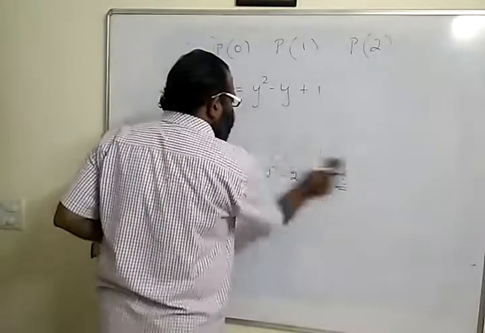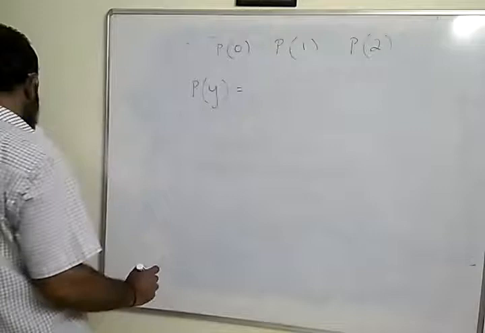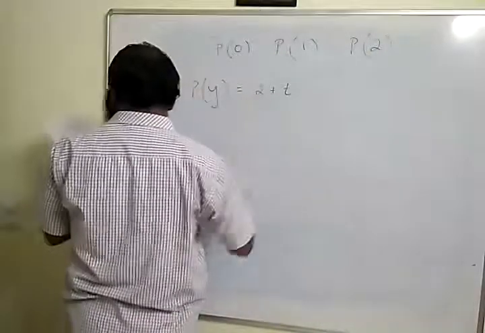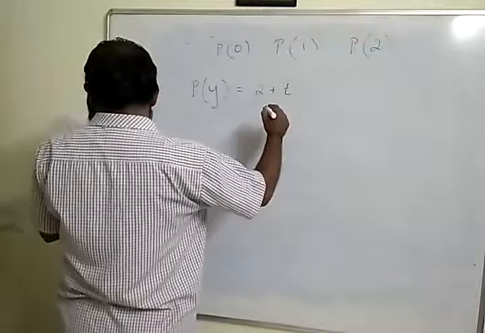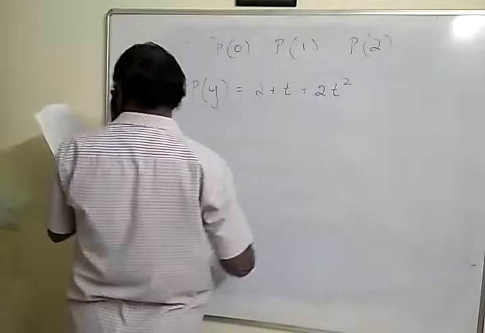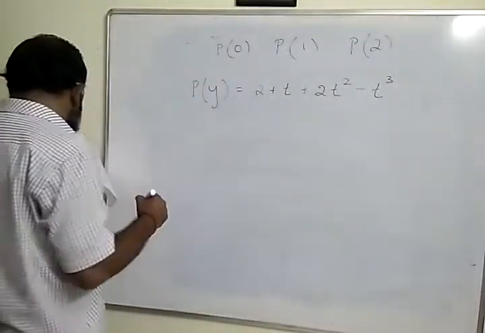So now let's look at the second polynomial. The second polynomial is 2 plus t plus 2t squared minus t cube.